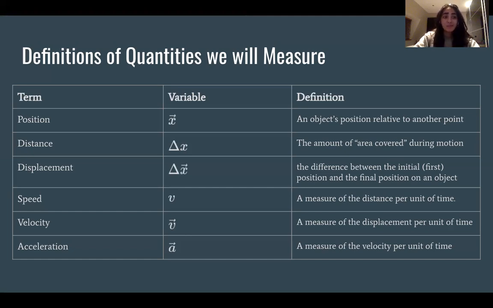If we take the example before, that you move 2 meters forward and 2 meters back, your distance was 4. So your speed, if you took 2 seconds, is 2 meters per second. But your displacement, because you changed no position by the time you ended, is 0. So your velocity is also 0 meters per second. And acceleration is the change per unit time of velocity.